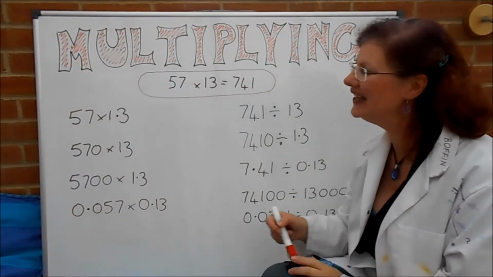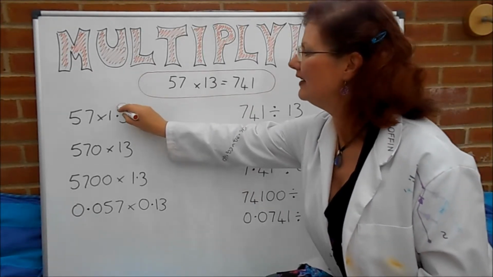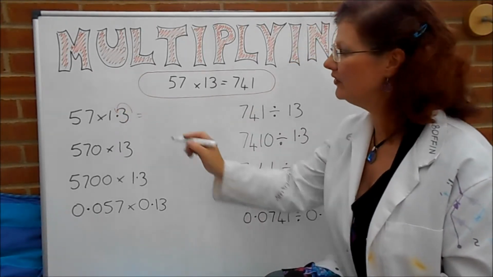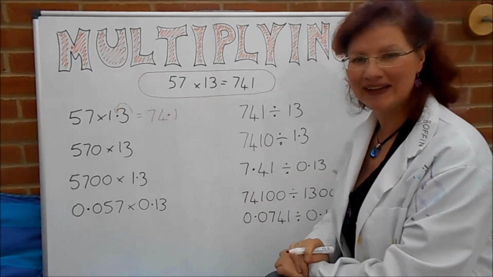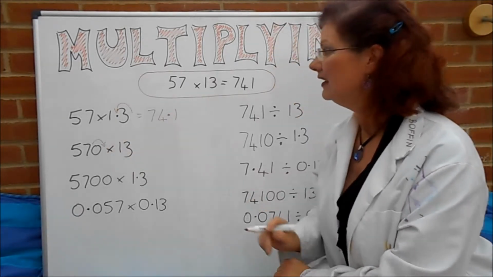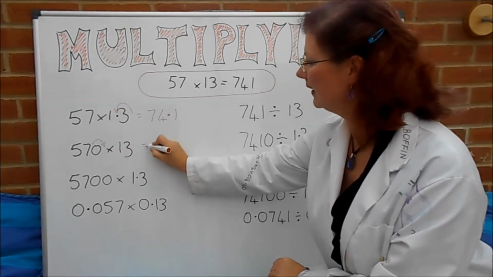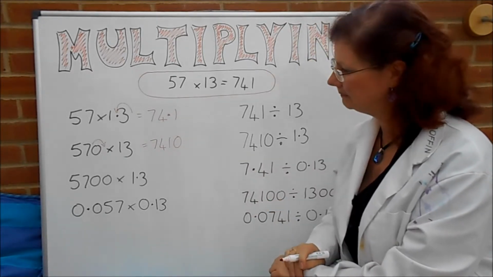Right, let's work through these together. First one up here, we have made that 10 times smaller in the question, so it's going to be 10 times smaller in the answer. Here, we've made it 10 times bigger in the question, so that's going to be 10 times bigger in the answer.